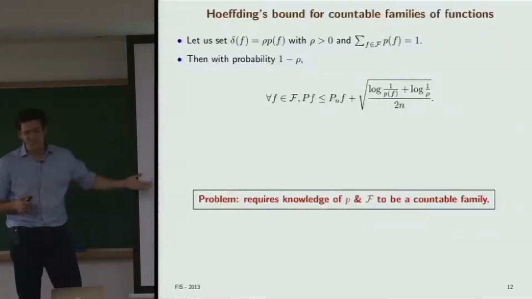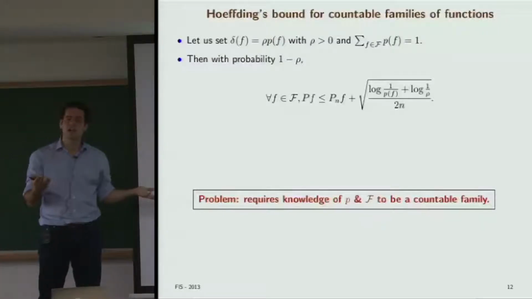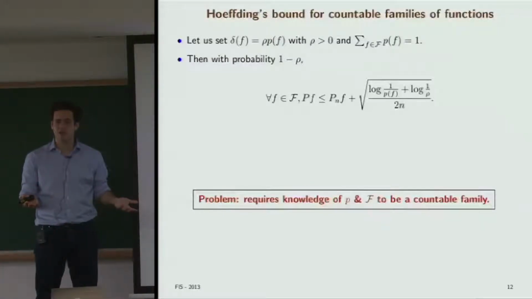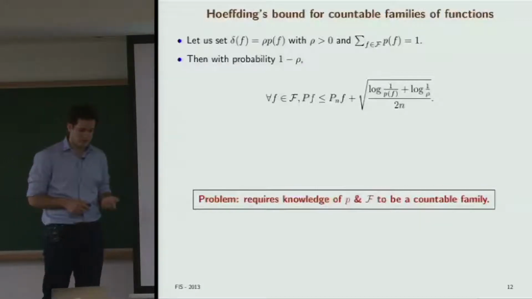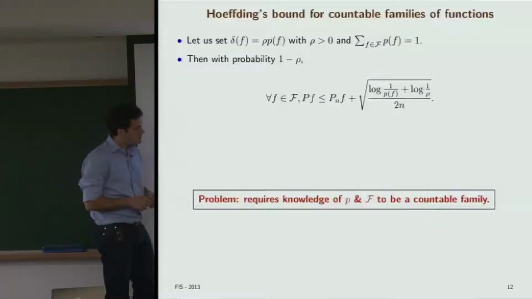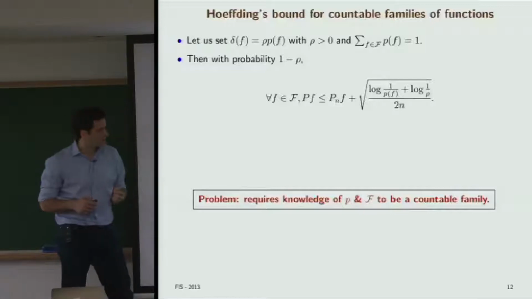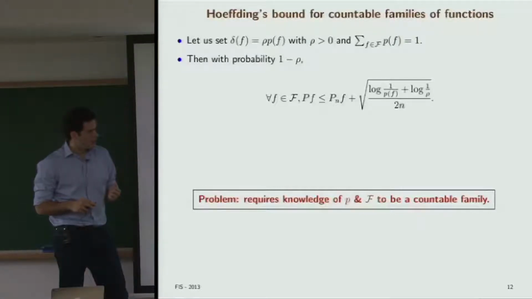And the other thing is that still it's not exactly what we want, right? If you just think about hyperplane classification, the set of hyperplanes is not exactly a countable set, right? It's just a continuous set. So we start seeing that when you start going into infinite sets of functions, you need to define somehow weights, and that's a bottleneck.